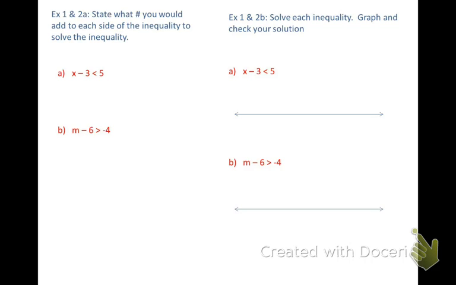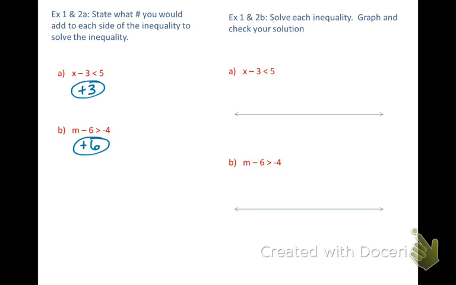So I'm going to add 3 to both sides. That's all they're asking you to state. For B, 6 is subtracting from m, so we need to do the opposite of subtracting. I'm going to add 6 to both sides.